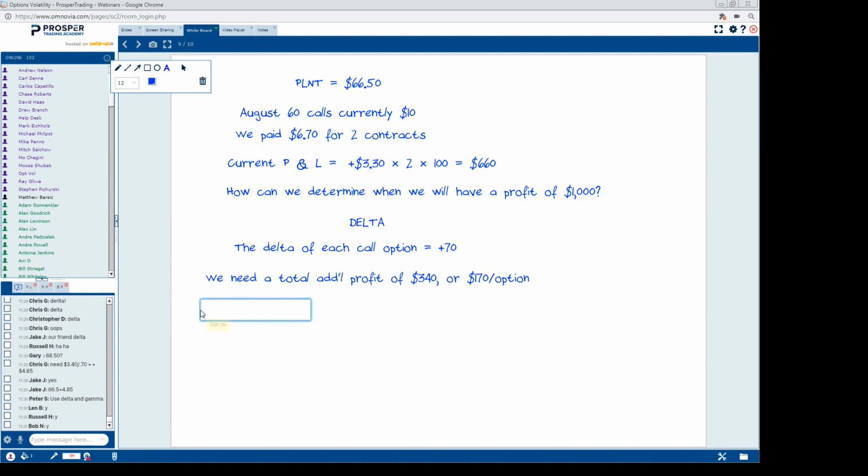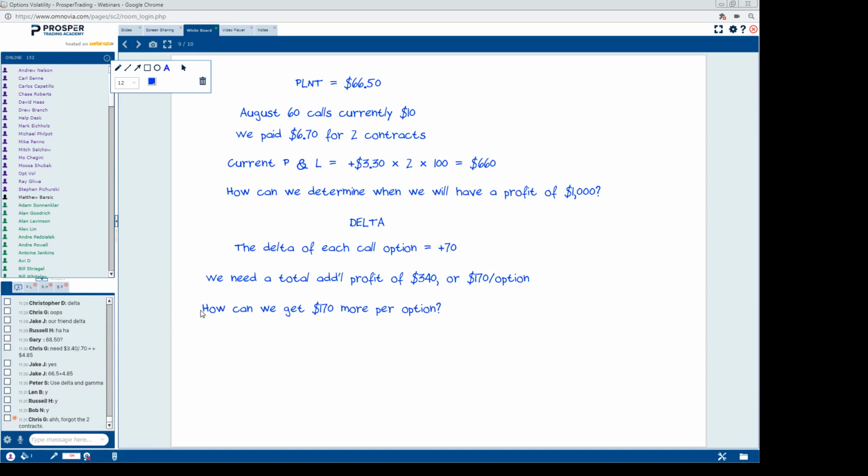Okay, how can we get $170 more per option? So Chris, your calculation is exactly correct if we had divided that by 2.